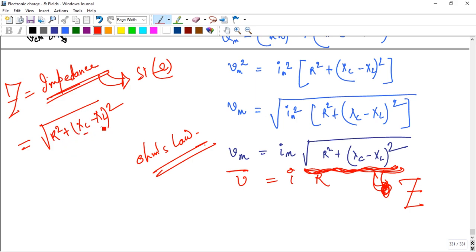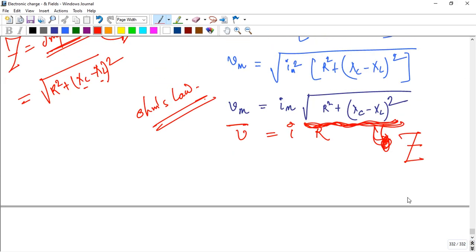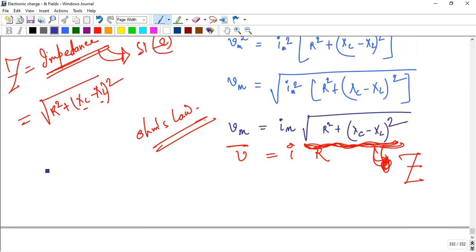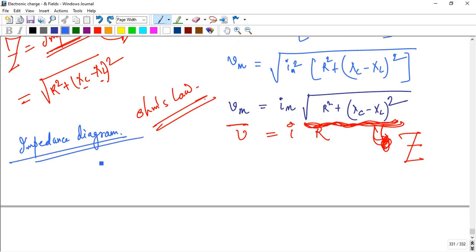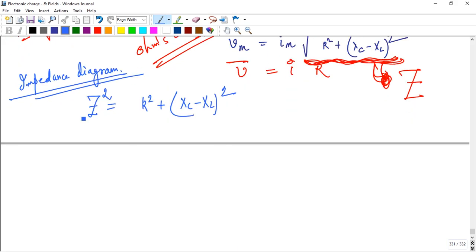Okay, so what is the impedance diagram? Now we draw the impedance diagram here. From the final expression, Z squared equals R squared plus (XC minus XL) whole squared. So this also looks like the Pythagoras theorem.